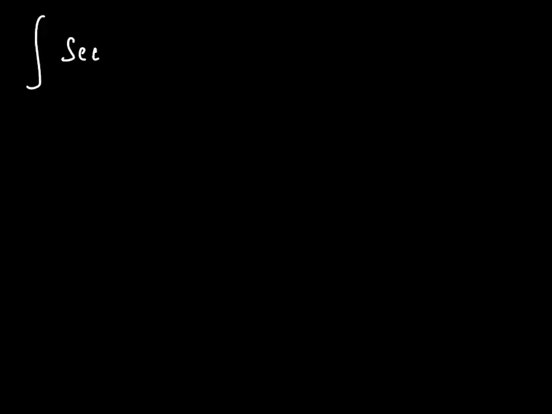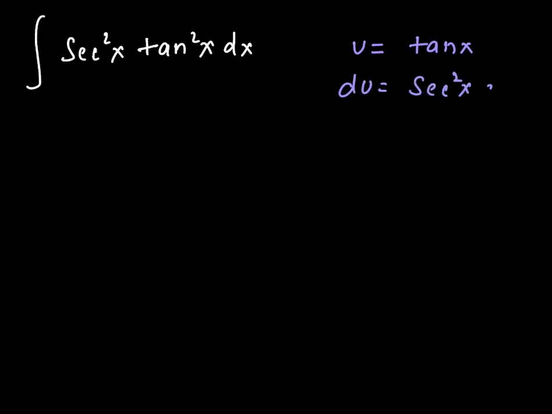So, secant square x into tangent square x dx. Here we're going to use the method of u substitution where we would assume the value of u equals tan x. So the derivative of u is going to be secant square x dx.